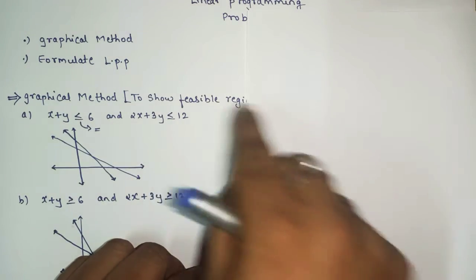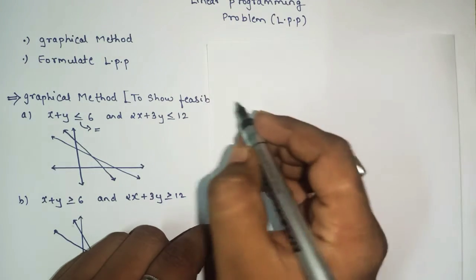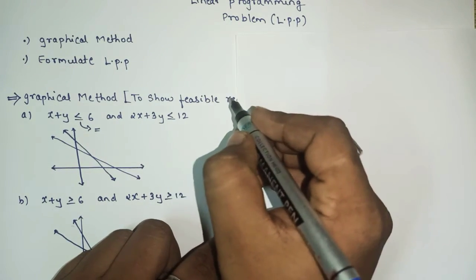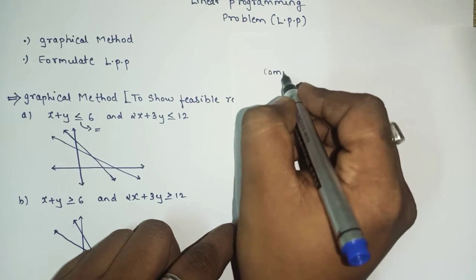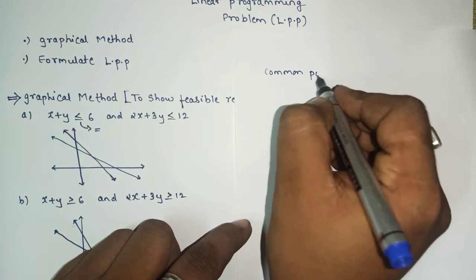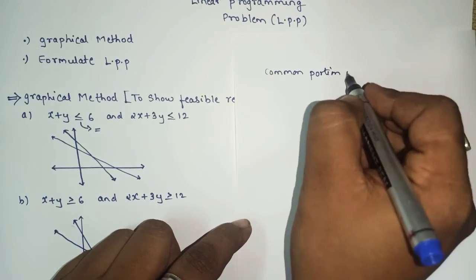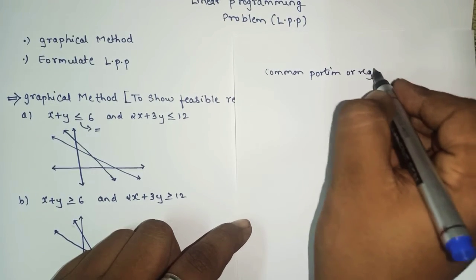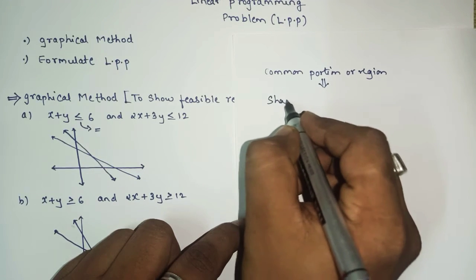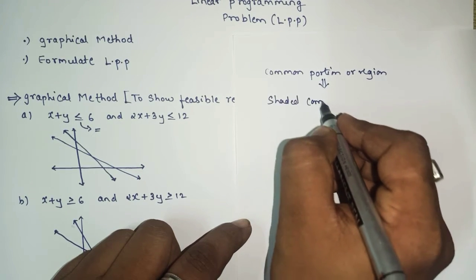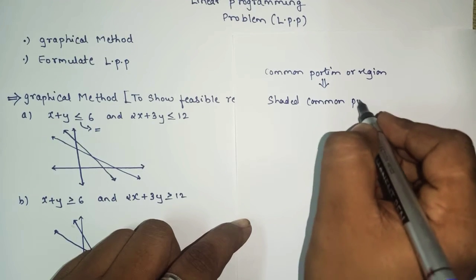Now what do you mean by feasible region? In simple language, it is known as the common portion or common region, or else I can use the words shaded common portion.